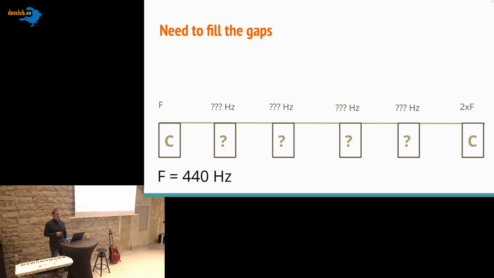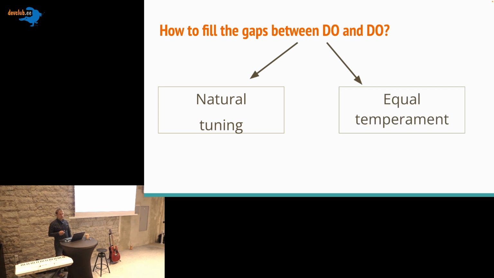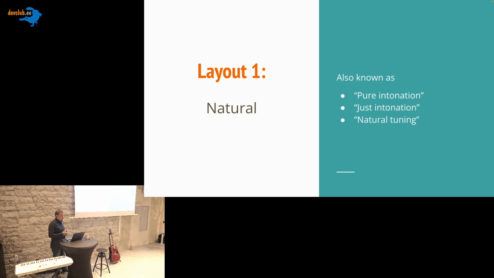And they sounded quite good. This tuning or this layout of keys was called natural tuning. There is another option called equal temperament, which was introduced quite recently, like 200 years ago. And the first layout that I showed is called pure intonation, or just intonation, or natural tuning.